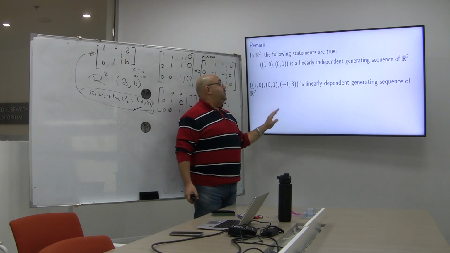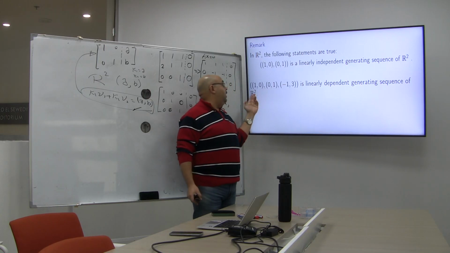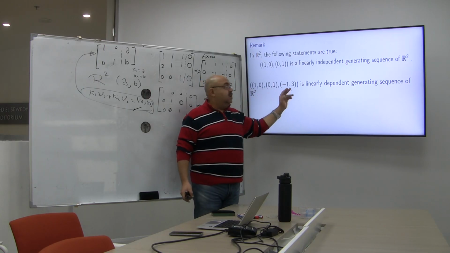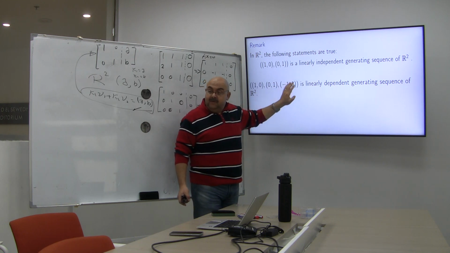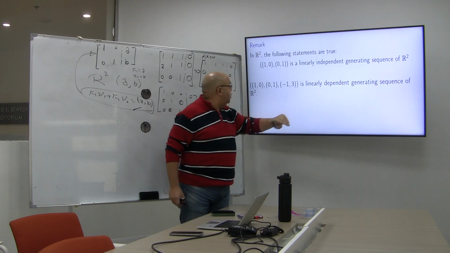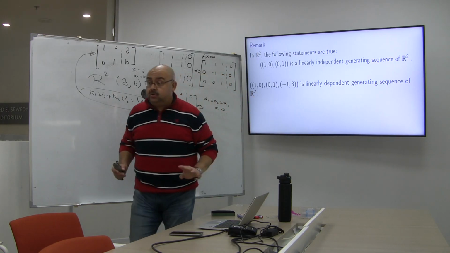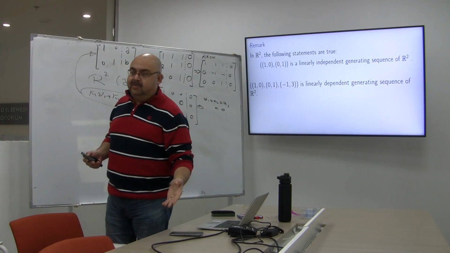But the optimal basis that will generate R2 out of these three vectors happens when I erase (-1,3). So once more, it is a linearly dependent generating sequence of R2. I can generate any vector, but it's not linearly independent, okay? I can reach a linearly independent set.